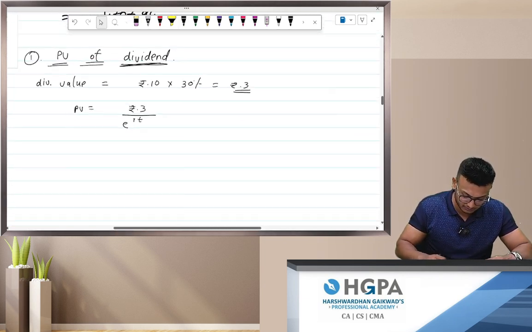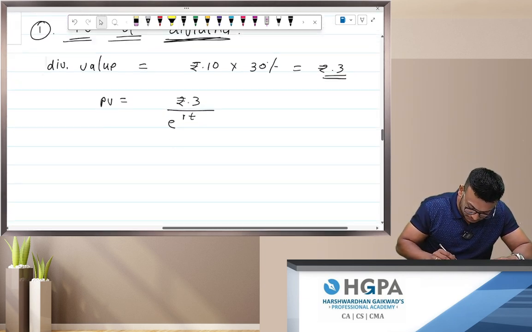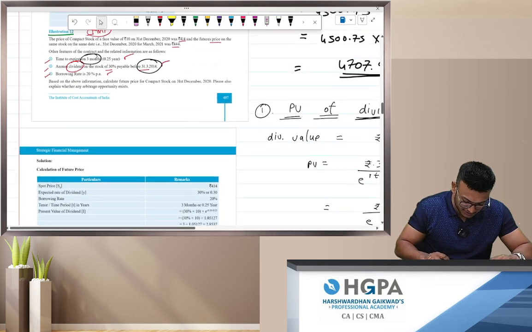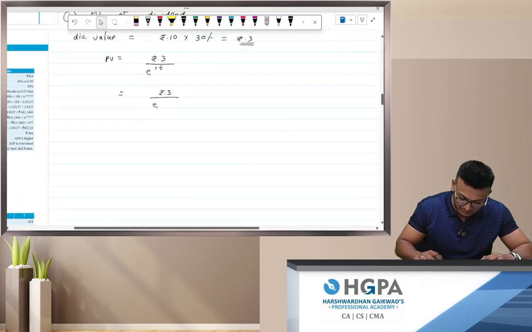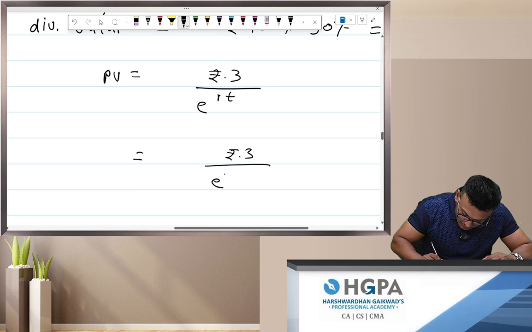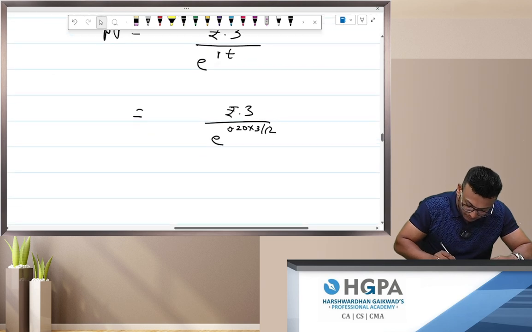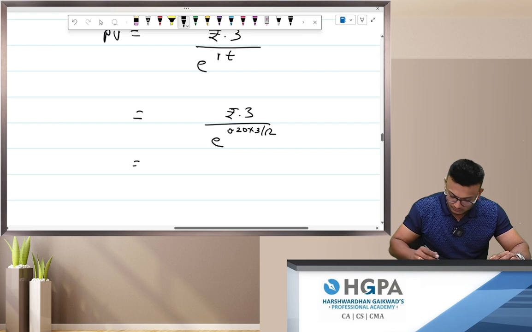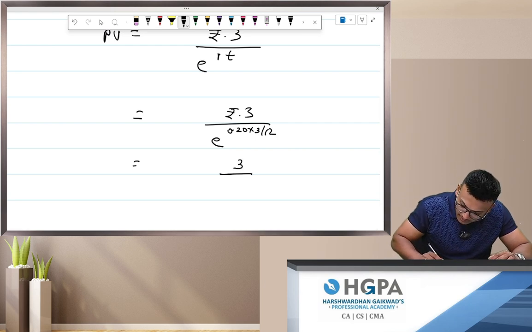So what will we write over here? Rupees 3, and the rate of interest is 20%. So 0.20 into 3 upon 12, divided by e raised to 0.05.